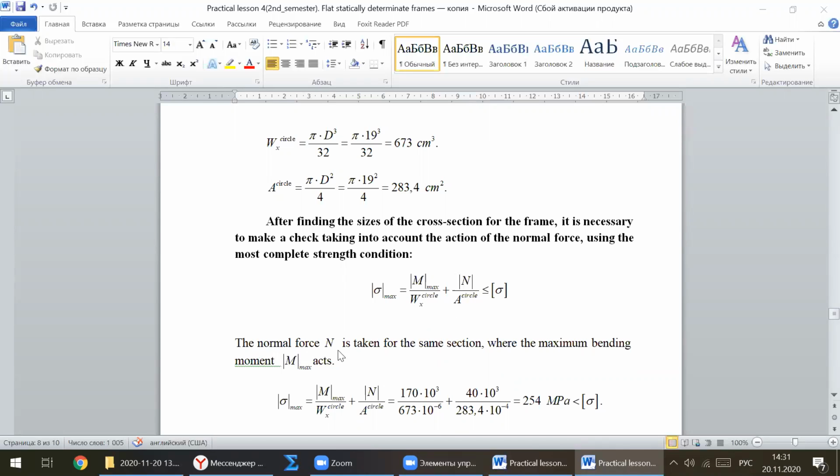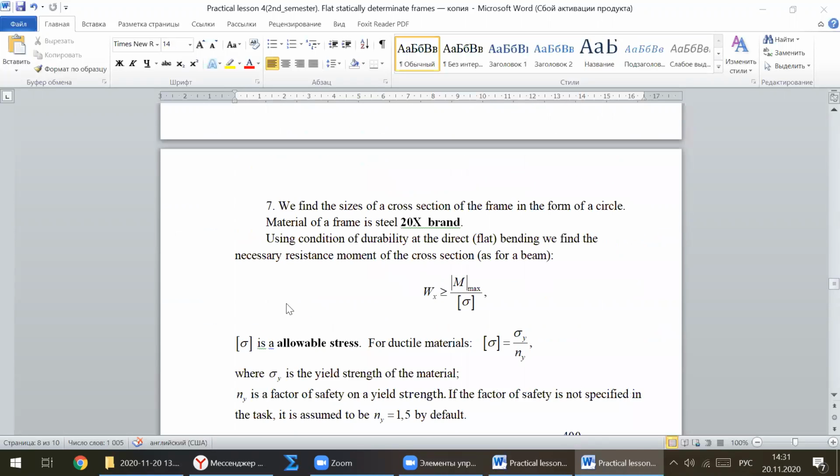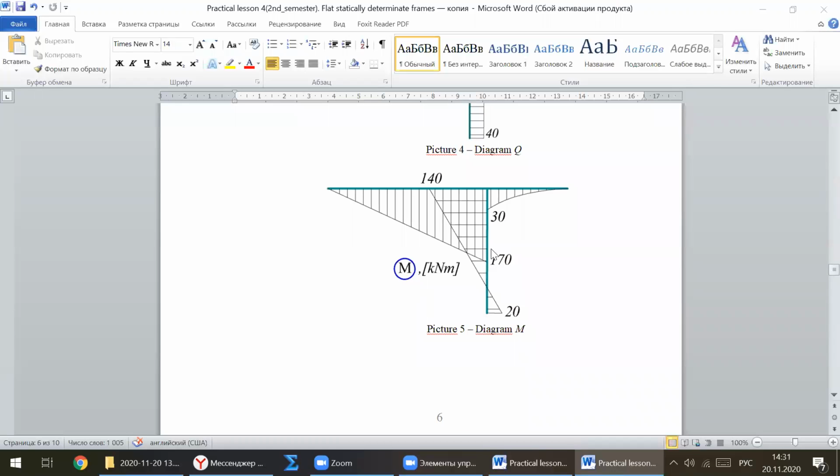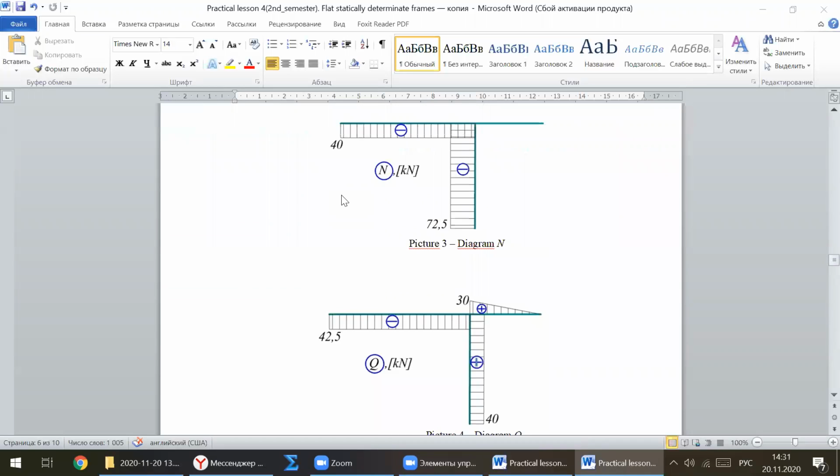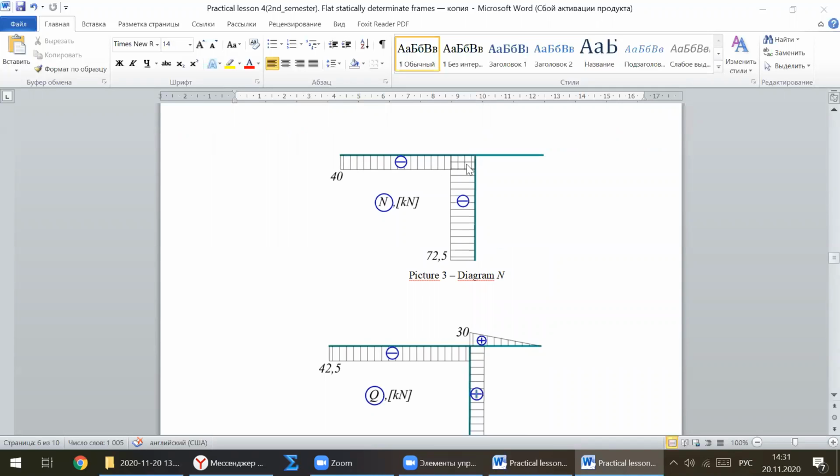The normal force N is taken for the same section where the maximum bending moment Mmax acts. This value 170 acts on the first segment, and we find the N for the first segment. This is 40 kilonewtons.